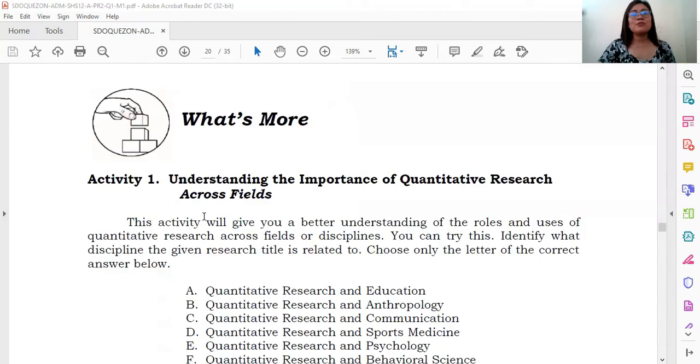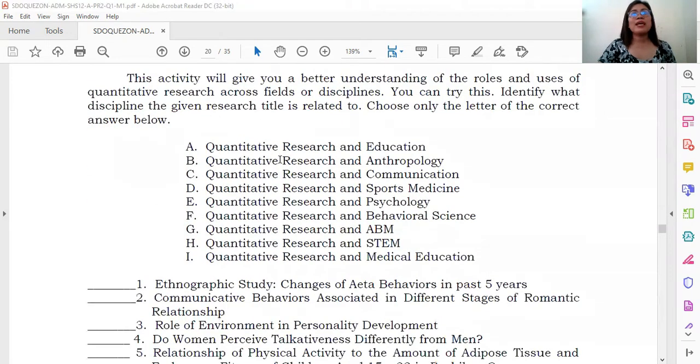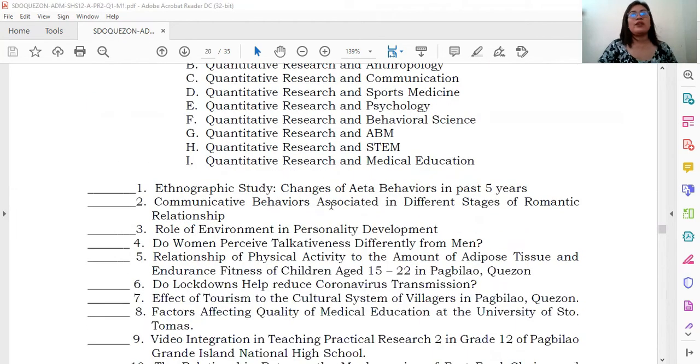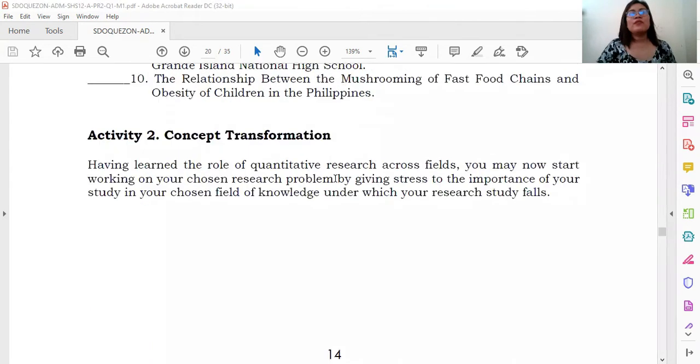And then for What's More, you'll be writing on the topic, whether it is quantitative research for education, anthropology, communication, and so on. So you'll just choose from the options given to you in that part. For activity 2, concept transformation, you should already be thinking about the topic that you will be focusing on for your own research.